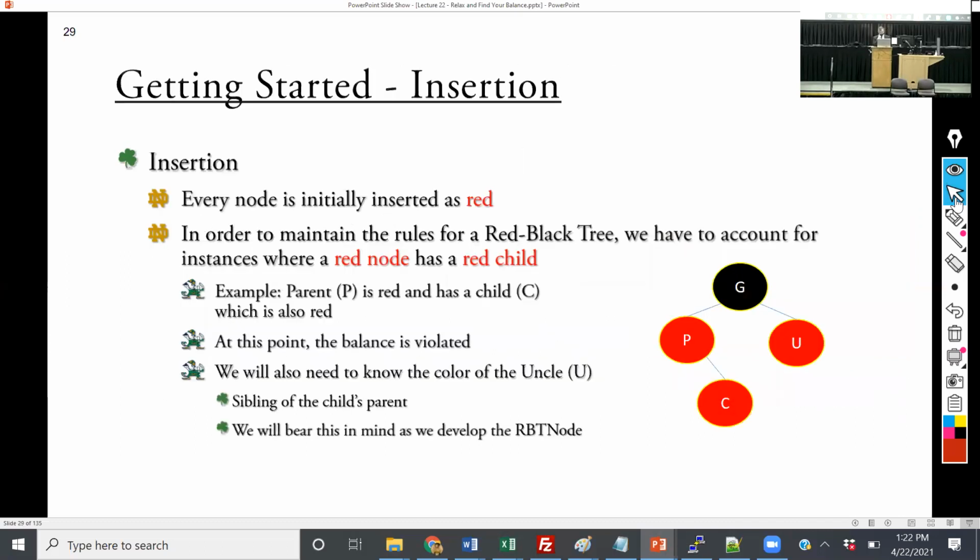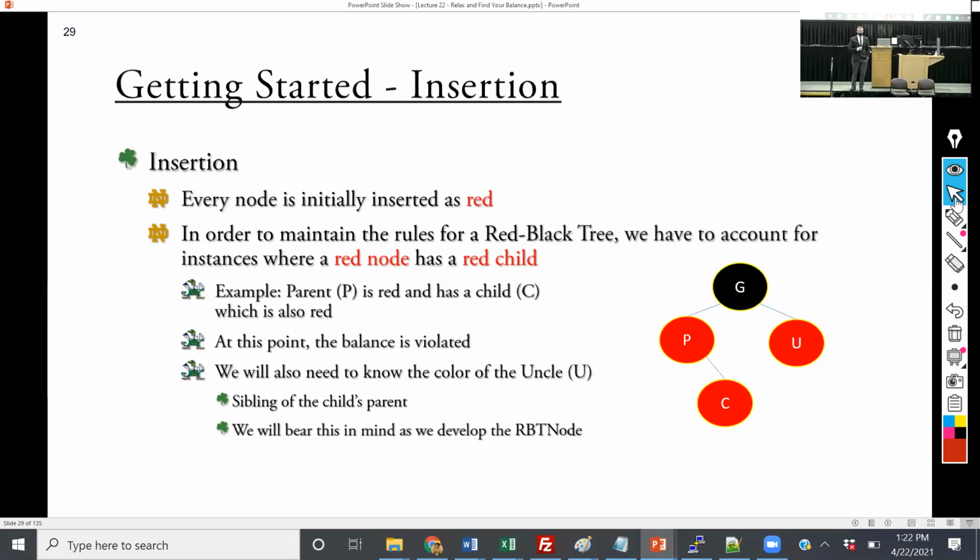All right, so getting started with insertion. When we insert a node into a red-black tree, the first thing that's going to happen is it's going to go down to its normal location as if it were being inserted into a normal binary search tree, and we are going to define its color as red. Does that make sense so far?